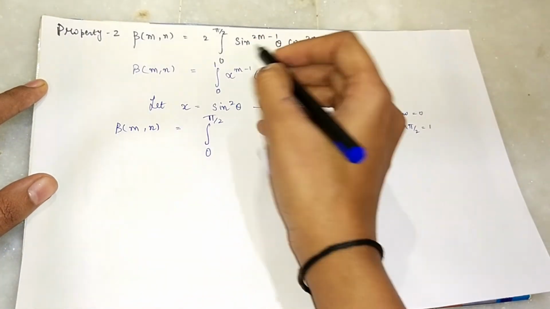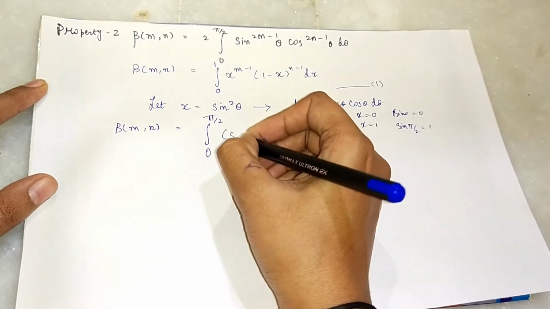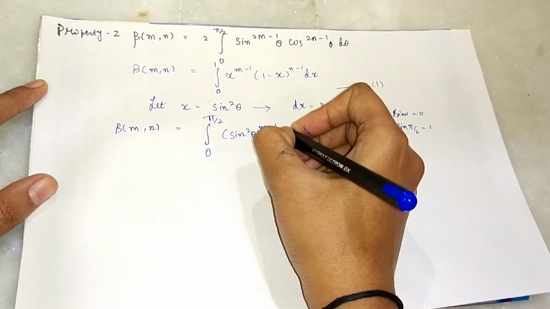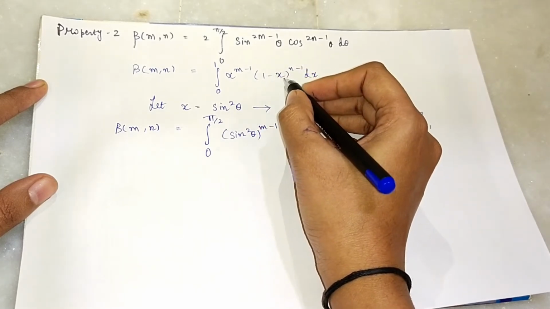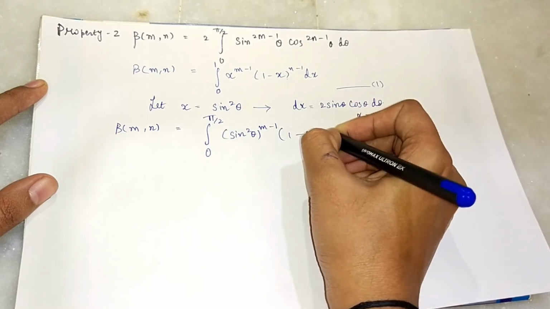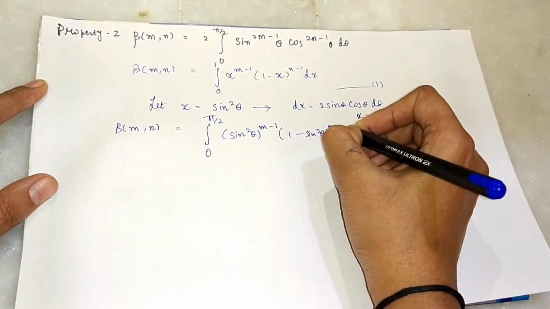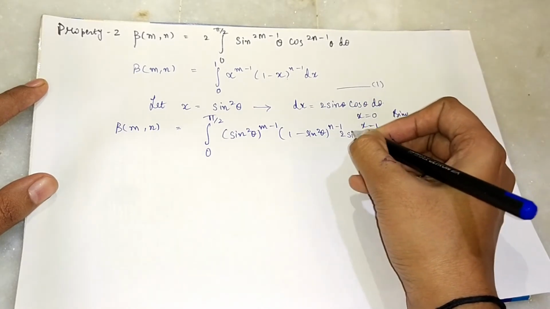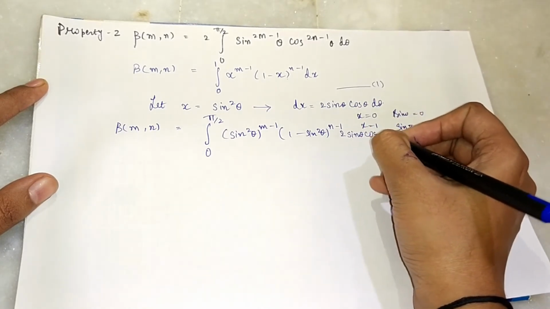So now, in place of x you have to put sine square theta, so sine square theta raised to m minus 1. Here 1 minus sine square theta raised to n minus 1. And in place of dx you have to write 2 sine theta into cos theta d theta.